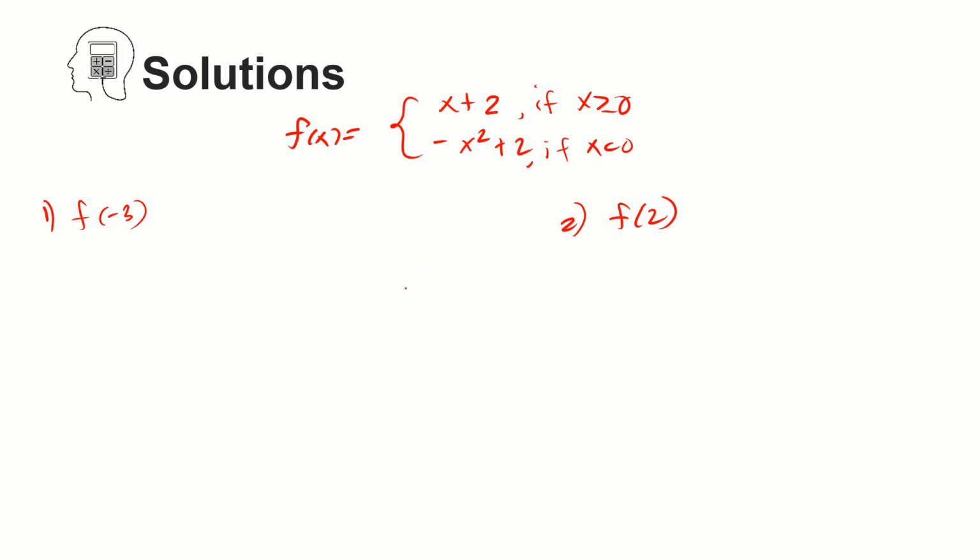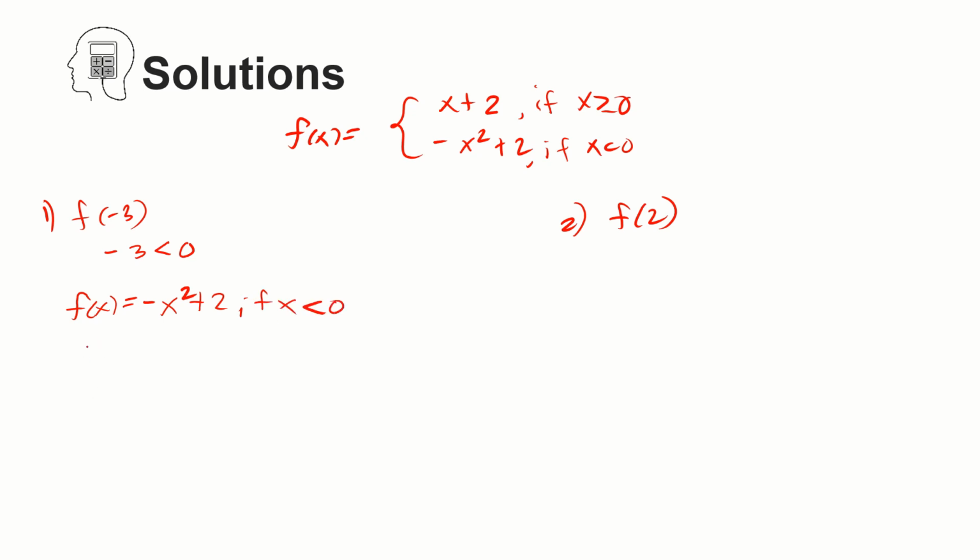So for number 1, the given value of x is negative 3. Negative 3 is a value that is less than 0. Therefore, from our subfunctions, we need to use our second subfunction, f of x is equal to negative x squared plus 2, if x is less than 0.